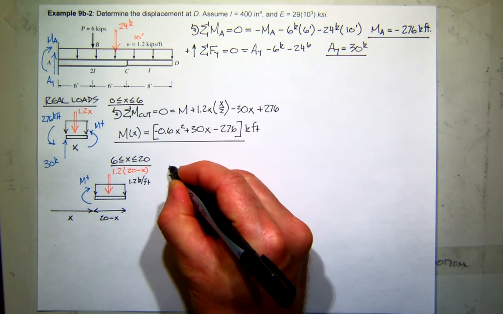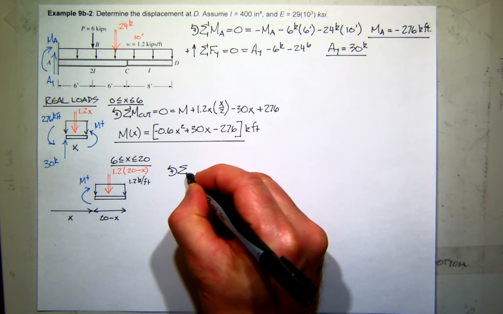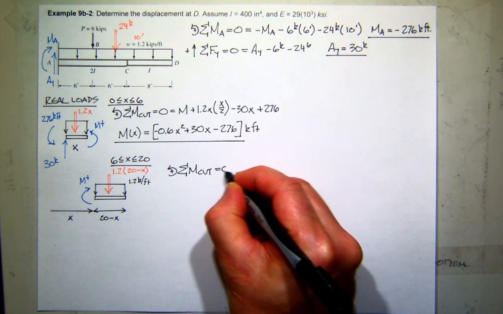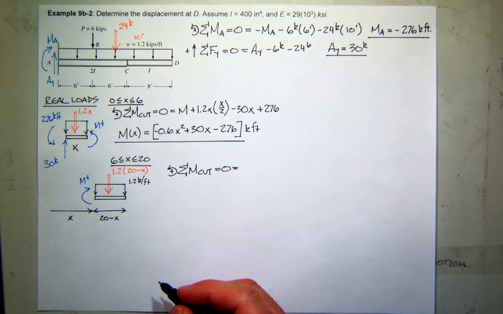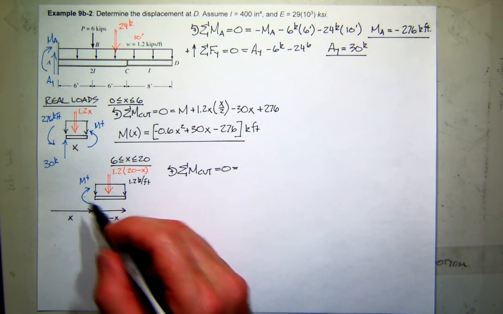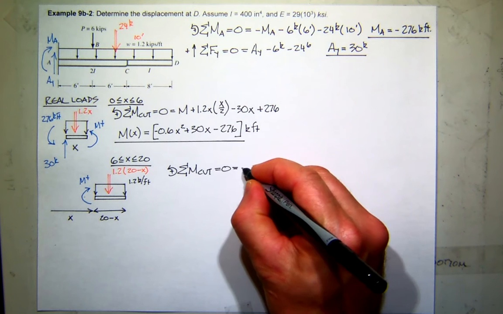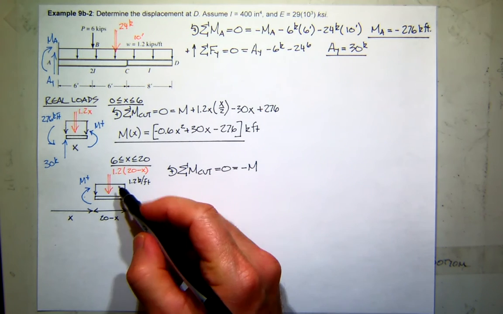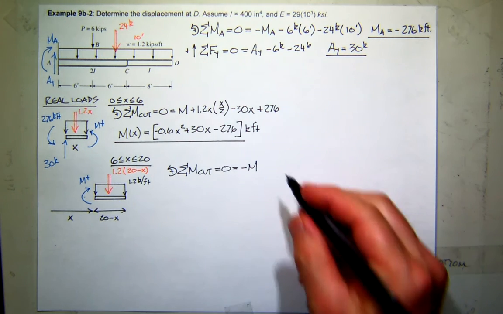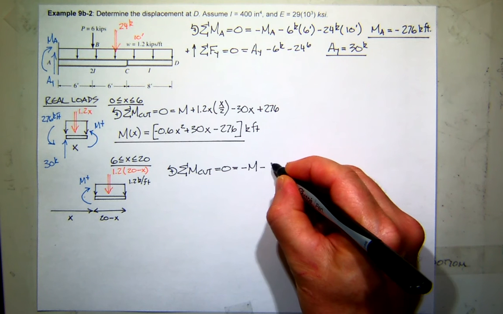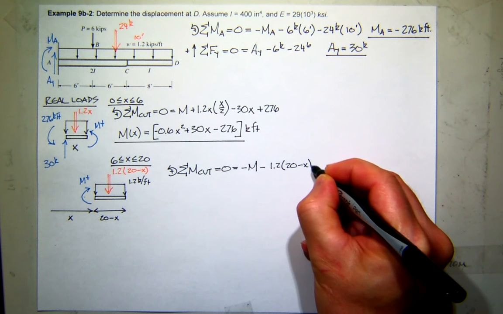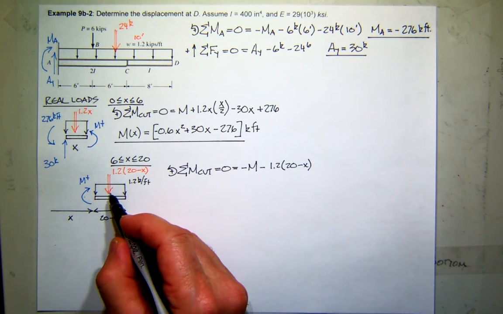So now I'll sum moments about the cut, to make sure I'm in equilibrium. So the moment about this cut: I've got the internal moment, which with my sign convention is negative. The concentrated equivalent force also creates negative moments. So the force is 1.2 times 20 minus x. And then what's the moment arm to the center?